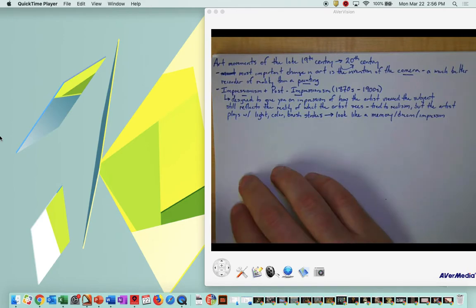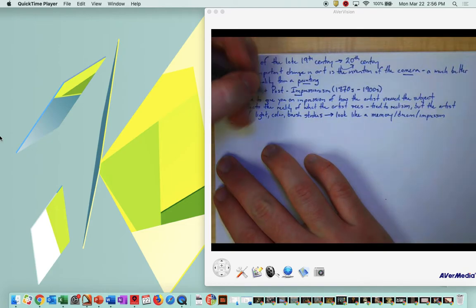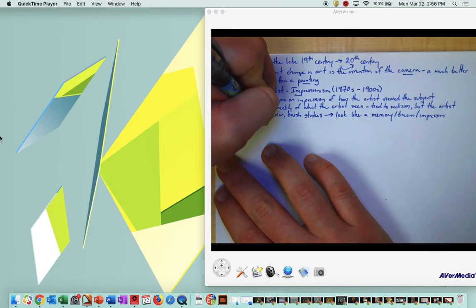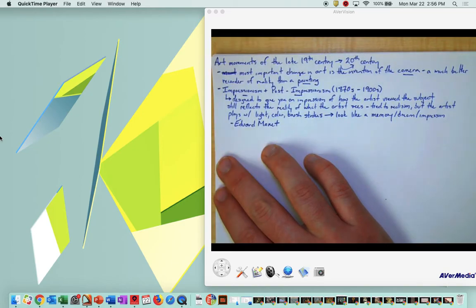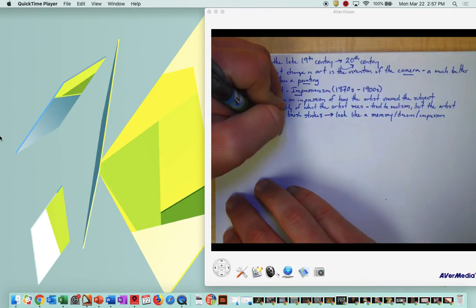So there are two important Impressionist painters that I'm going to show you a couple examples of here. The first one is Edouard Manet. The other guy is Claude Monet.